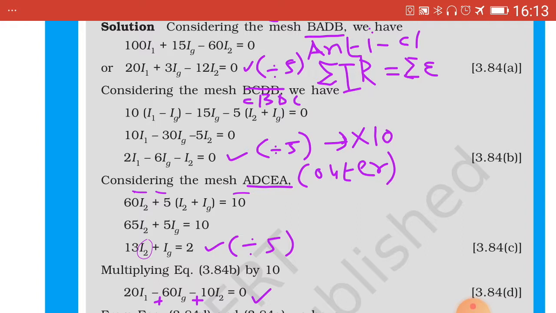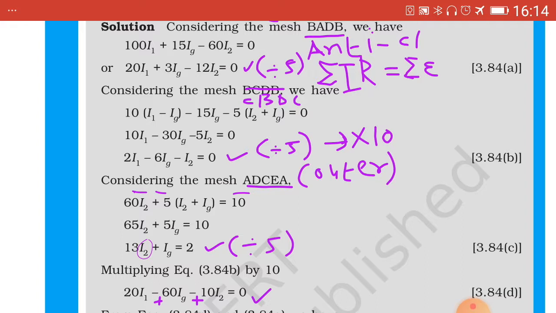Now we solve these two equations simultaneously and we have to subtract. While subtracting, 20 I1 and 20 I1 will cancel away and the minus sign will become opposite sign. So minus sign will be plus, and here again minus sign will be plus.